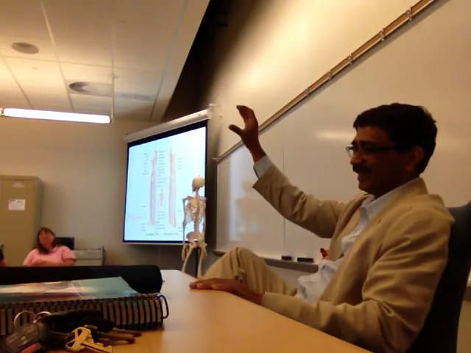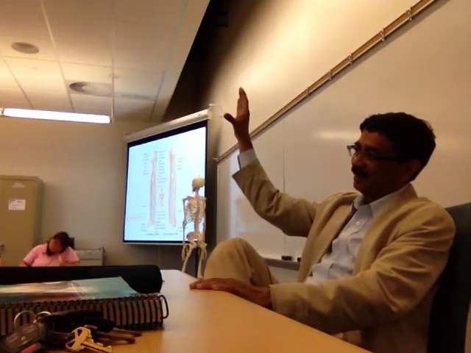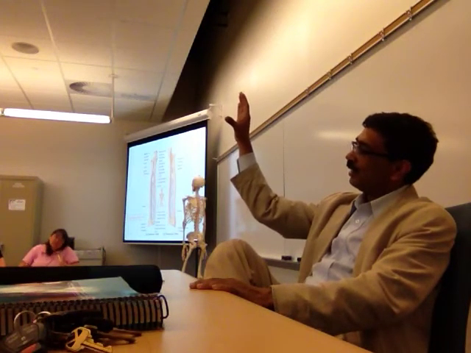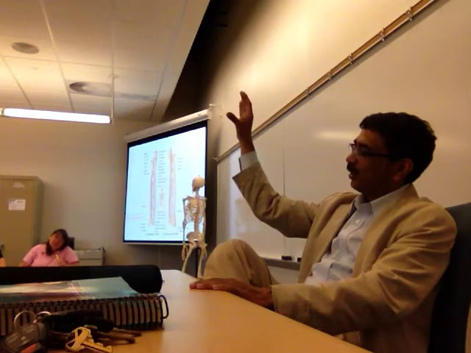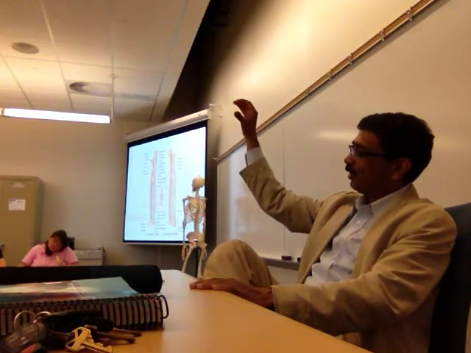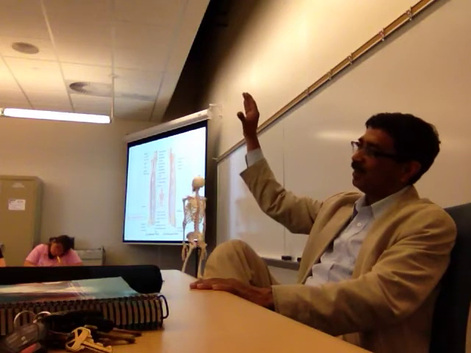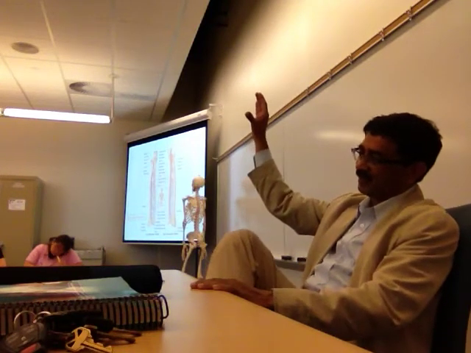So if the snake opens the mouth like this, the upper end of ulna is like this. And now the open mouth has upper jaw and lower jaw. So the upper jaw, this part is called the olecranon process.